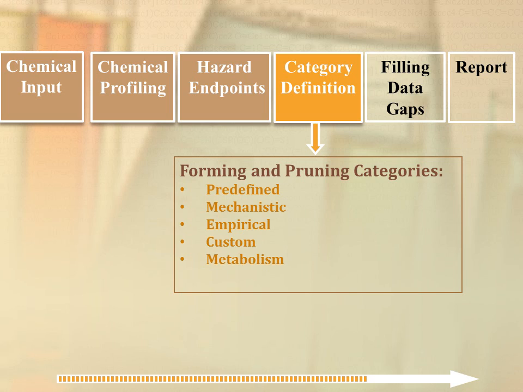Moving on to the next button along the top, this is a module that allows one to form chemical categories or to prune chemical categories. By pruning, we really mean to refine the boundary conditions for the category definition. Many of these are predefined. The work has been done for us, or in some cases a category may be defined in a regulation.